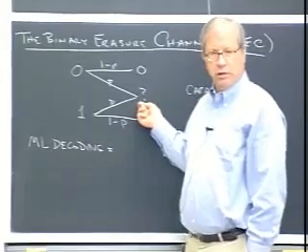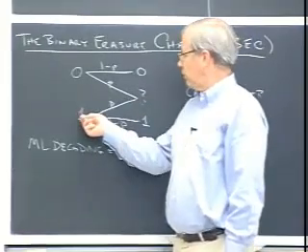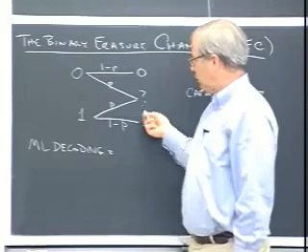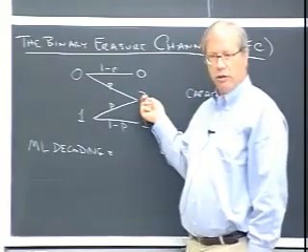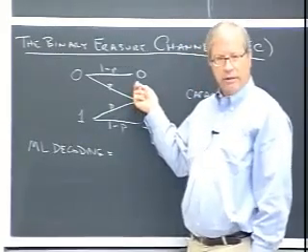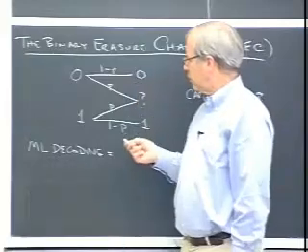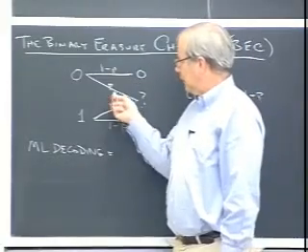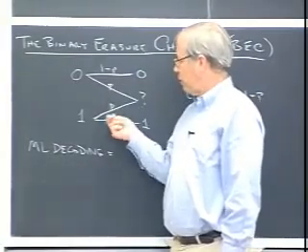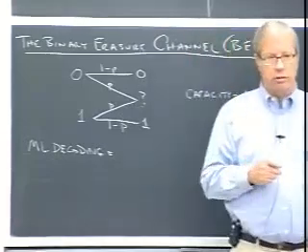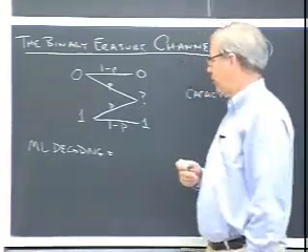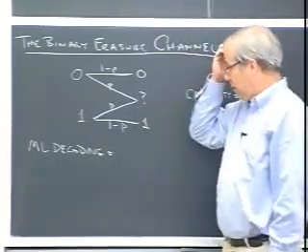It might be a deletion. You just don't get anything. Similarly, if you send a 1, you either get a 1 or an erasure. There's no possibility of getting something incorrectly. That's the key thing about this channel. The probability of an erasure is p, regardless of whether you send 0 or 1. So there's a single parameter that governs this channel.